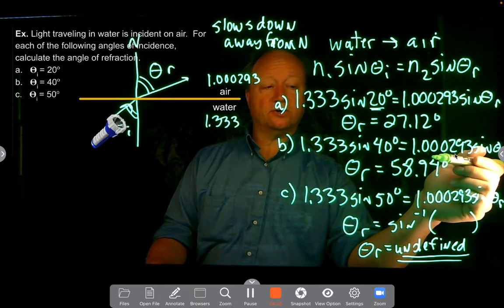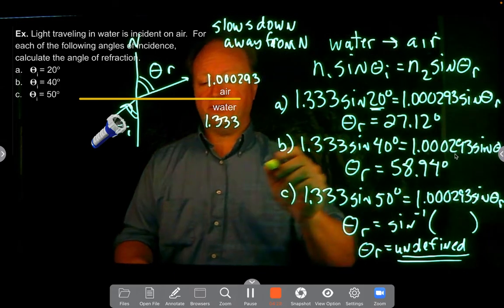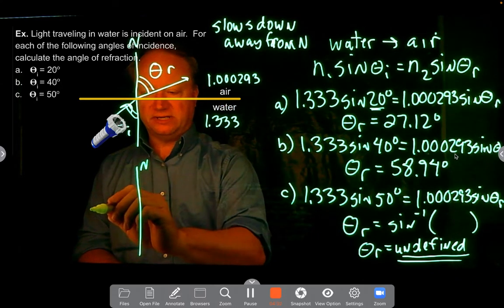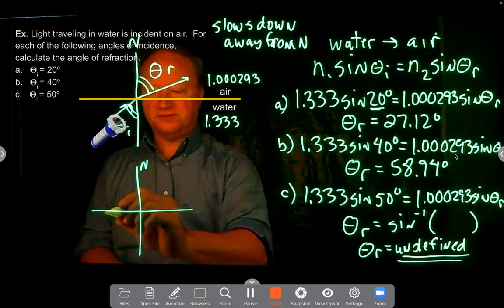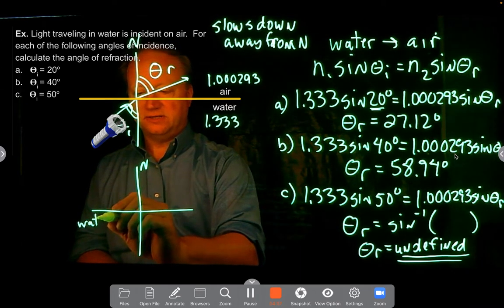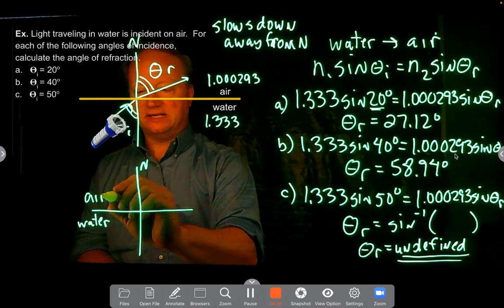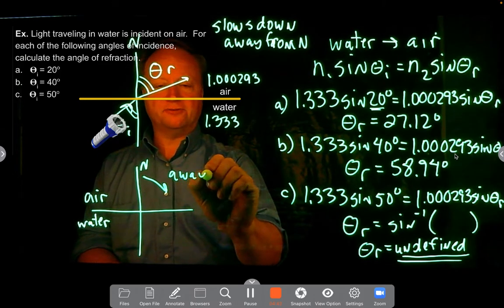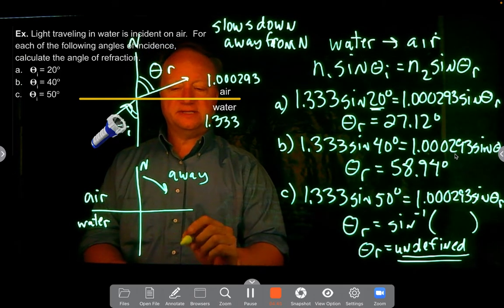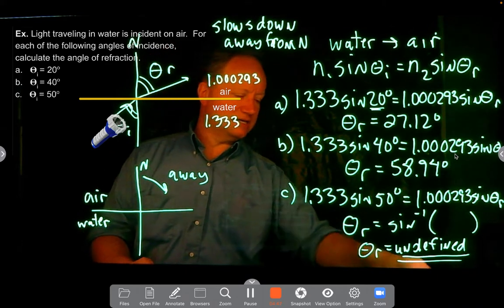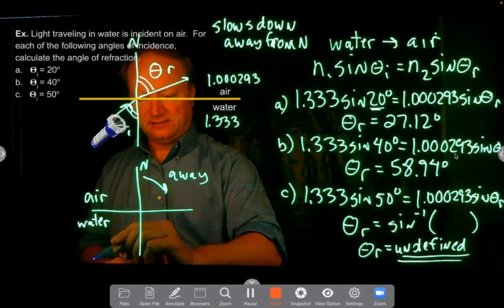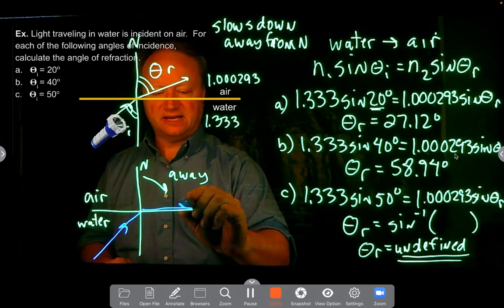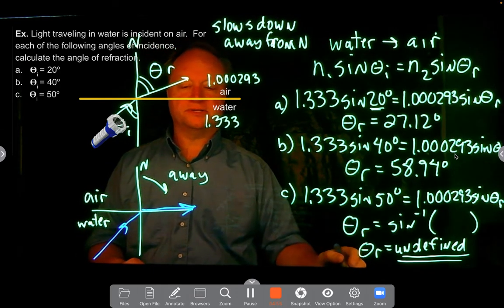If again I draw my normal in and I draw my surface here between water and air, as we continue to bend away from the normal, the largest theta r value I can get would be if that light bent directly along the surface.